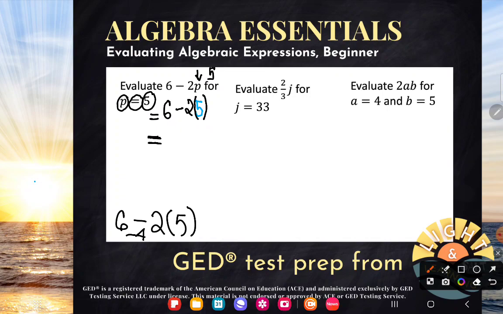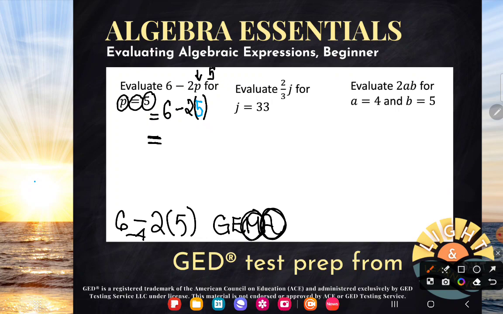So let's take a look. Remember, when I have more than one operation, and I do here, I have subtraction and multiplication, I want that order of operations. And that order of operations says that any multiplication or division should come before any addition or subtraction.